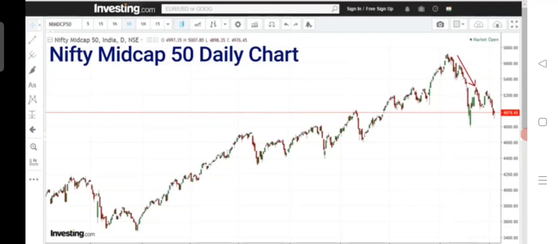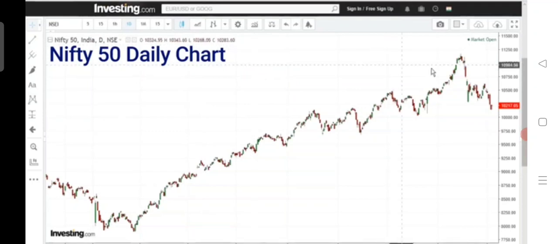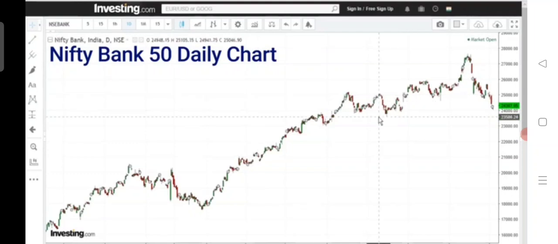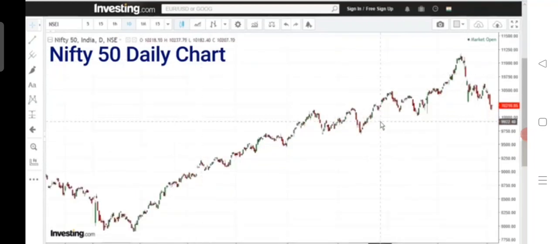But let us look at the Nifty and Bank Nifty there. Here see that Nifty was moving up and up and up when the mid cap was coming down and down and down. Again, when we are looking at the Bank Nifty, we could see that Bank Nifty was also moving in tandem with the Nifty till the end of January.